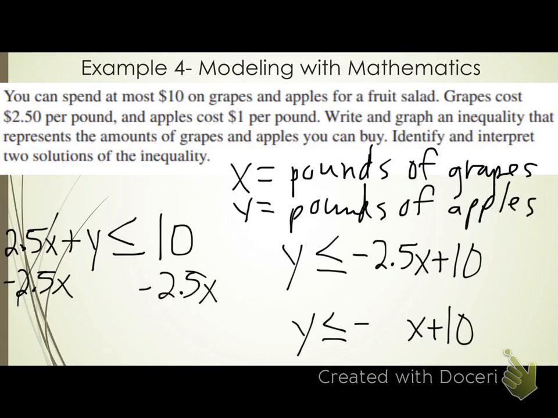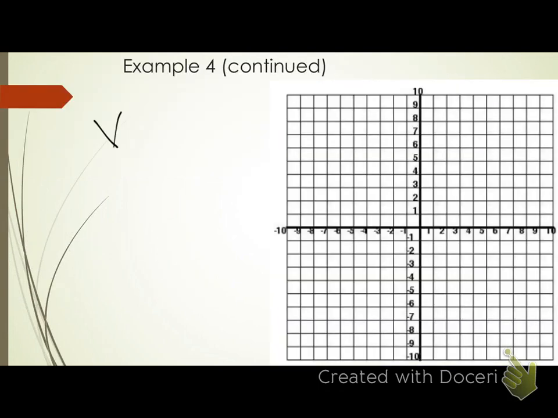Negative 5 over 2. So here's my inequality that it wants me to graph. Everyone okay with that? y is less than or equal to negative 5 halves x plus 10.